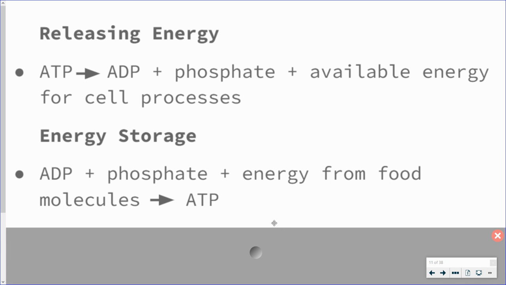When you're trying to store energy, you start with ADP, you add a phosphate group to it, and the energy you store in that new bond will be the energy you get from food, from your carbohydrates, lipids, and proteins that you eat, from the glucose that your cell is fed. The energy from that molecule is what gets stored in that new phosphate bond that makes the ATP.